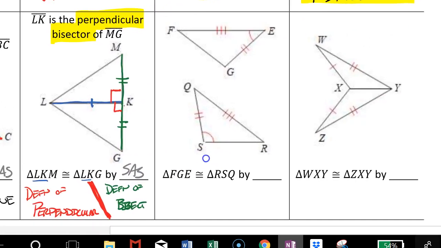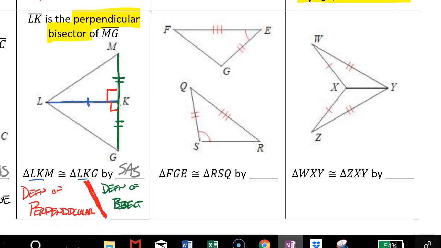Okay. Last 2 examples. We are given triangle FGE, triangle RQS. If I'm looking at the triangles, it looks like I have enough information. We have 2 sets of sides congruent, 2 tick marks and 2 tick marks.